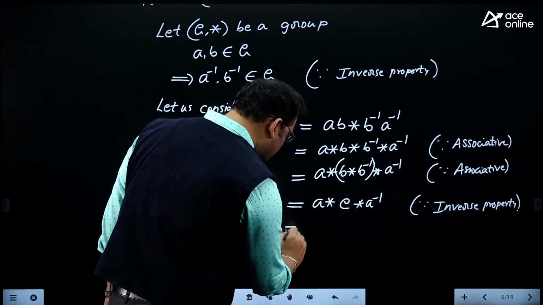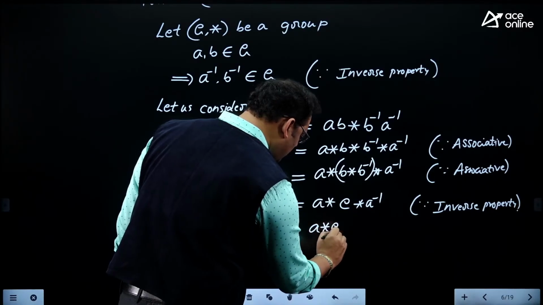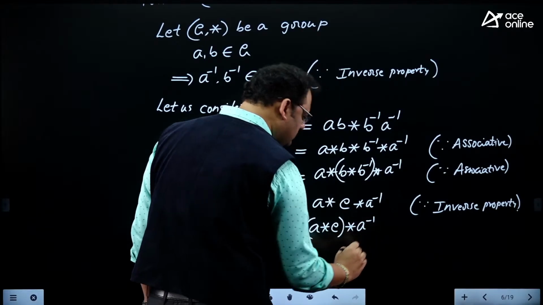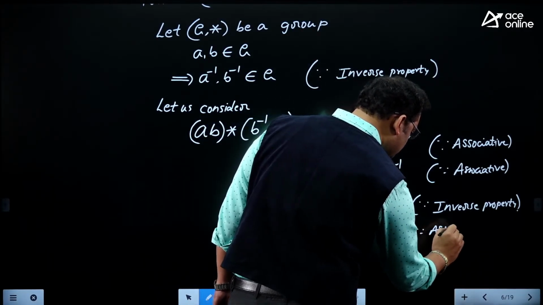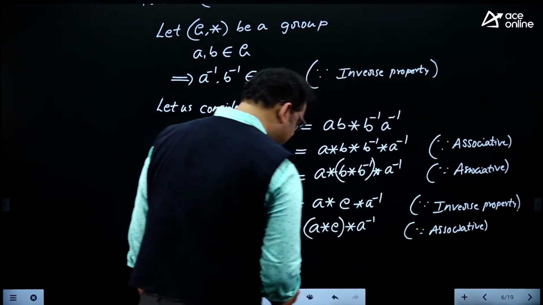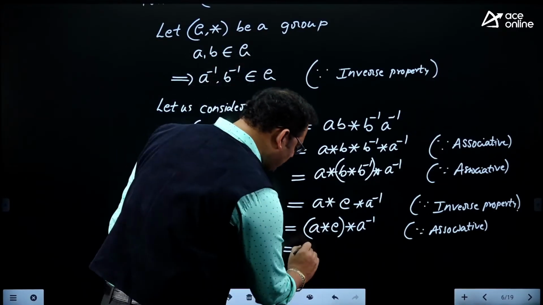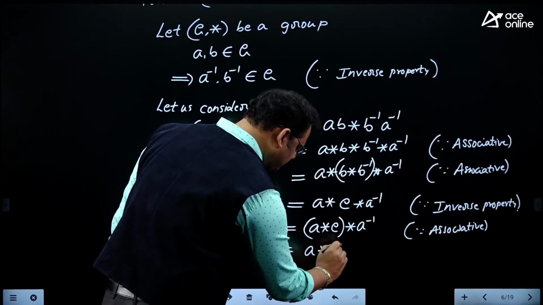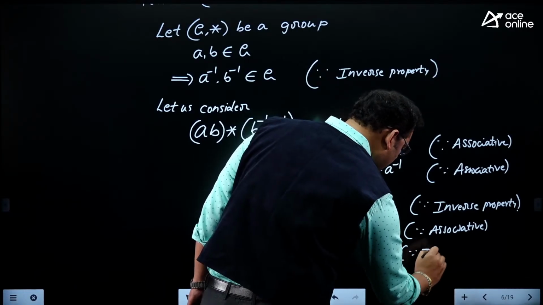Which is equal to, again you can use associative, A star E star A inverse, since G is associative. And A star E is nothing but A, that is because of the identity property.